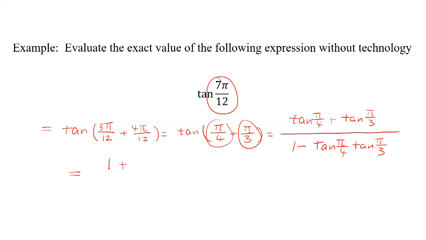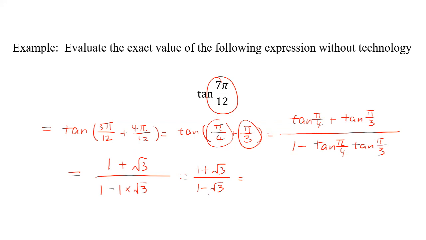And tangent 1/3 pi is square root 3, and then 1 minus 1 times square root 3, which is 1 plus square root 3 over 1 minus square root 3.